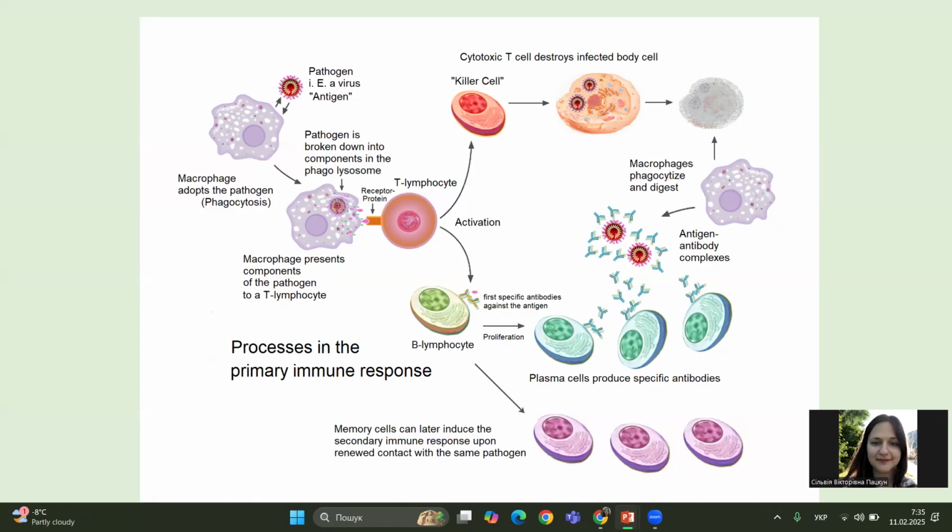B lymphocytes proliferate into plasma cells and they start to produce antibodies to the certain antigen. Also, some B lymphocytes transform into memory cells, which means that the next time the same antigen enters the body, it will directly interact with the B lymphocyte memory cells, which will start to produce antibodies.